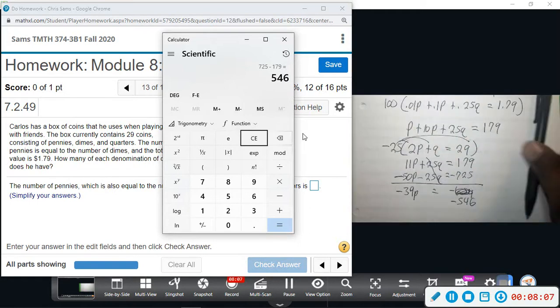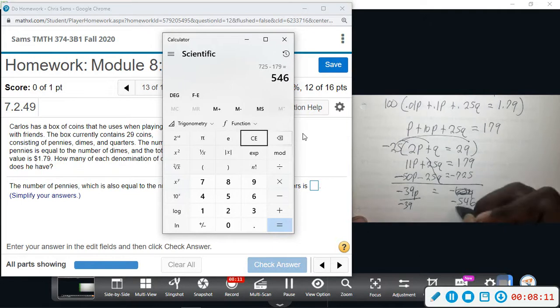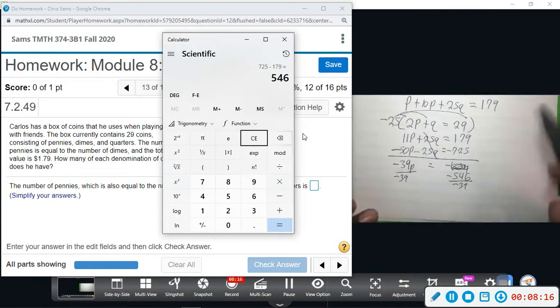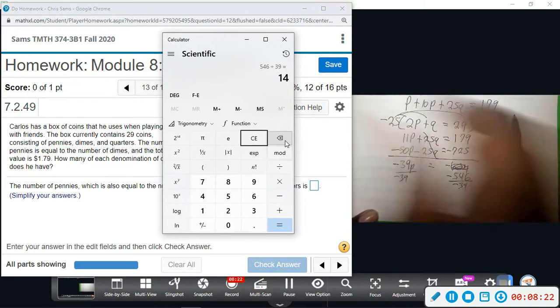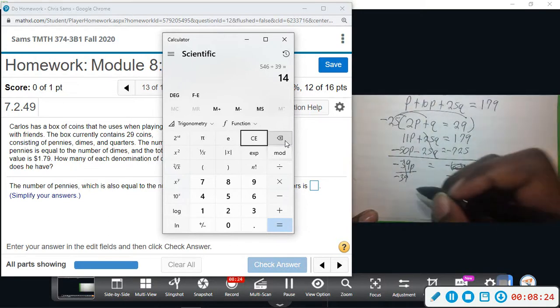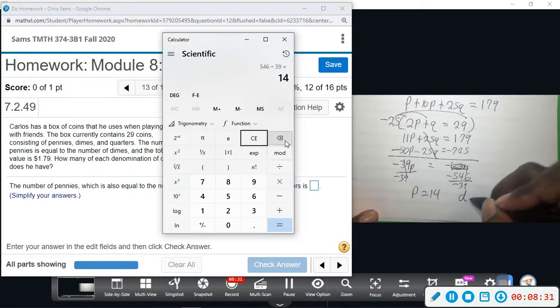Now we have to divide by negative 39. Or since I have it in positive form, just divide by 39. It gives us 14. So that tells us that P, the number of pennies, is equal to 14, which was also equal to the number of dimes, 14.